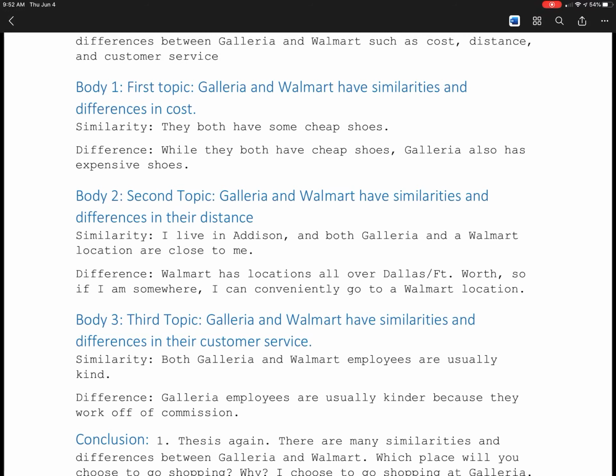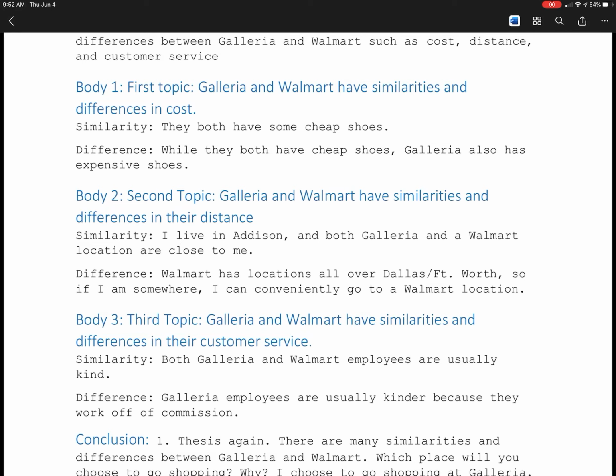But here's my difference. Walmart has locations all over Dallas-Fort Worth. So if I'm somewhere else, I can conveniently go to any Walmart location. Richland College is near Abrams and 635, so if I'm at my school, there's a Walmart near there.